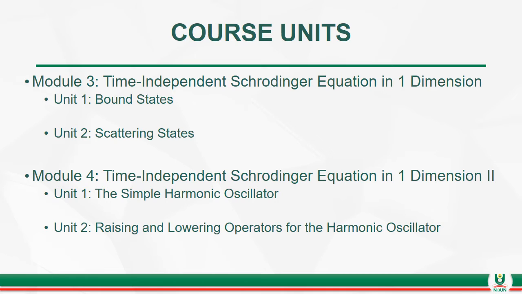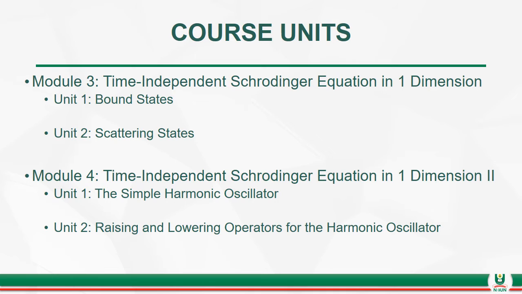In this case, we'll look at concepts, solve problems, then we'll discuss the nature of the problems before we proceed to module 4. In module 4, we will be interested in the continuation of the time-independent Schrödinger equation in 1 dimension. This module is subdivided into 2 units.